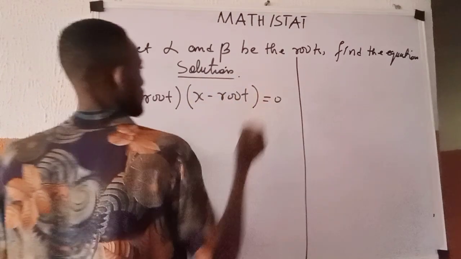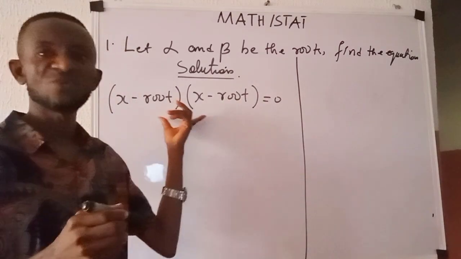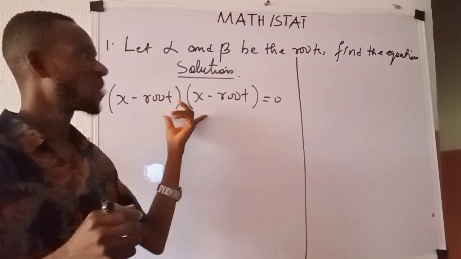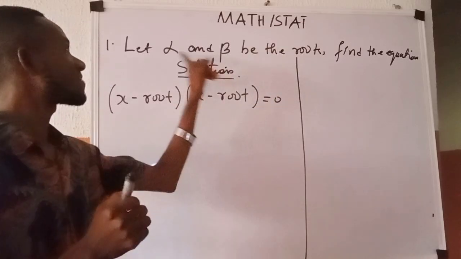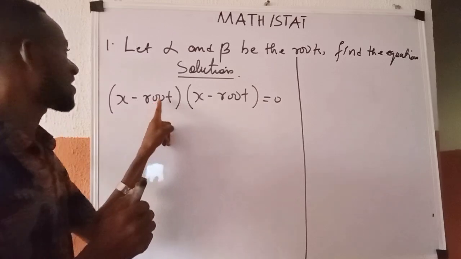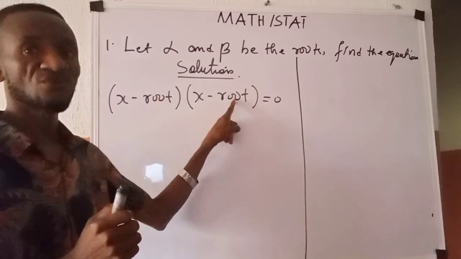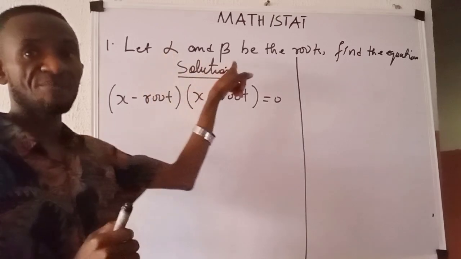This is equals to 0. The moment you use this equation I've given here, you arrive at the expected equation in terms of alpha and beta. See what I wrote here? This is root and this is root. And I've been given the roots to be alpha and beta.